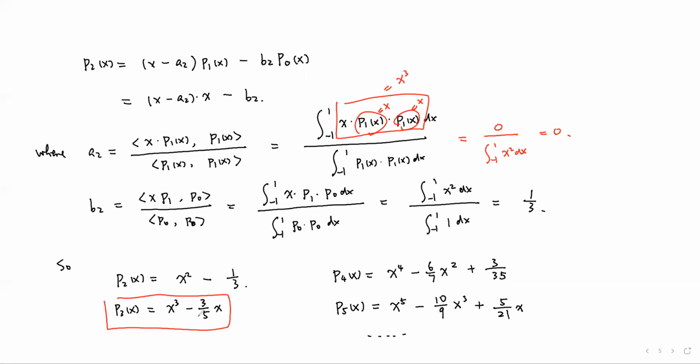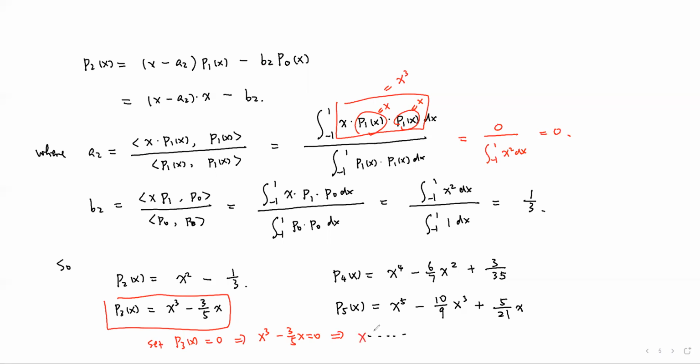Now let me find its zeros. Set P3 equal to 0 and solve this equation. A polynomial of degree 3 has 3 zeros.